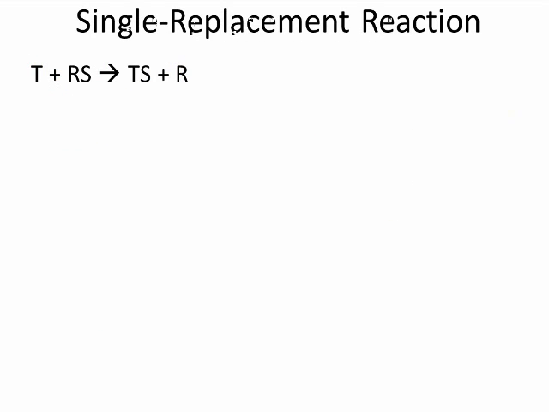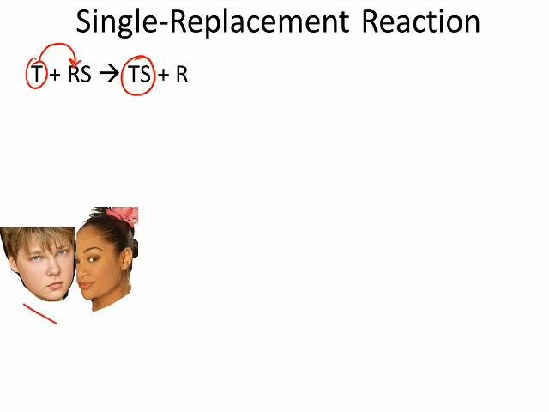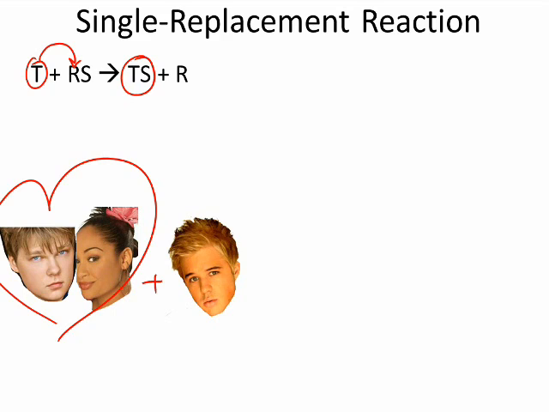Single replacement reaction is where we have one thing, such as a positive metal, replace the other positive element and makes a new compound. So one kicks the other out, and there it is. Such as in this example, we have this lovely couple. And then another dreamy teen idol comes along, and she says, whoa, look at him.